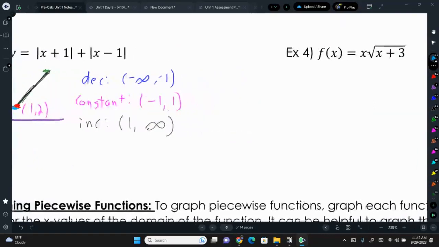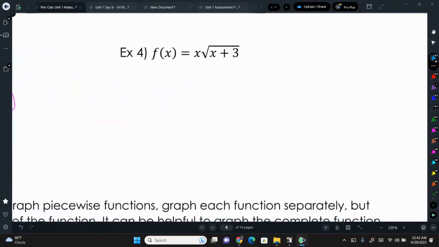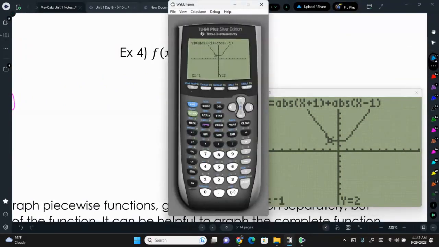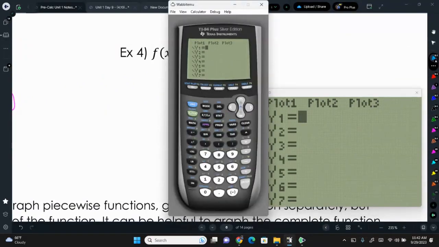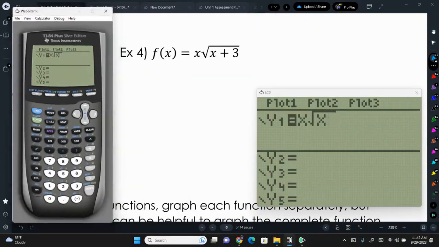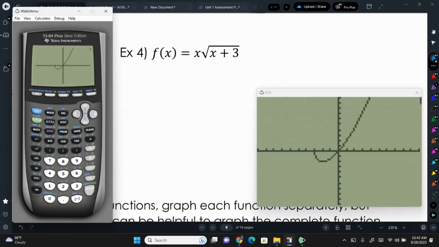Okay, then let's look at this last one here. So we have x times the square root of x plus 3. So notice that our x values, or our function, starts at -3 because we can't have the square root of a negative number.